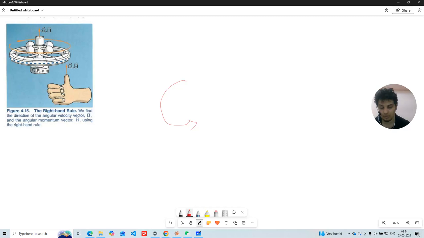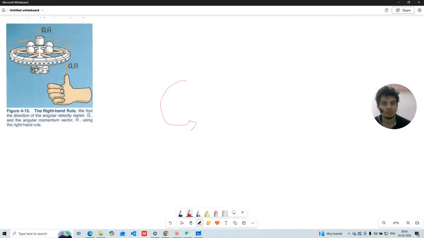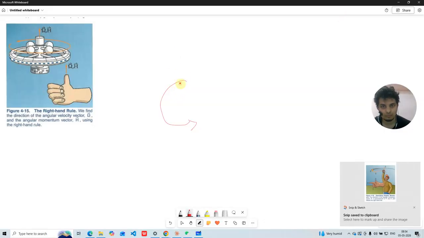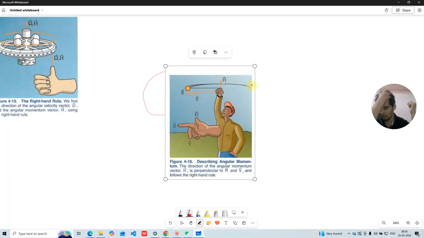Okay, let me show this to you with a figure. So see, we are spinning a ball in this direction, and we have got an angular momentum, and this is the tangent arm which is connecting our hand, the thread, to the ball.